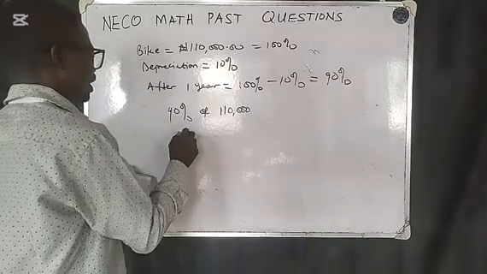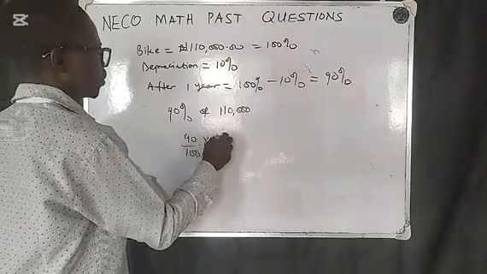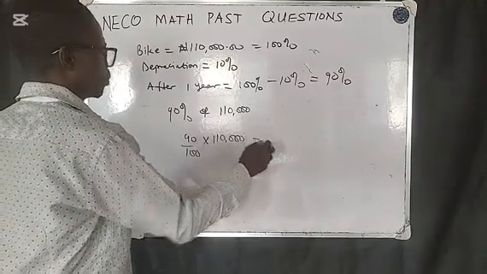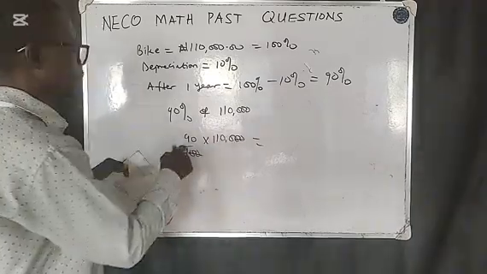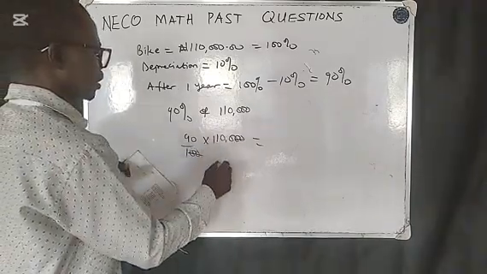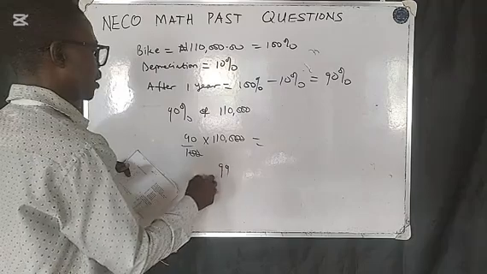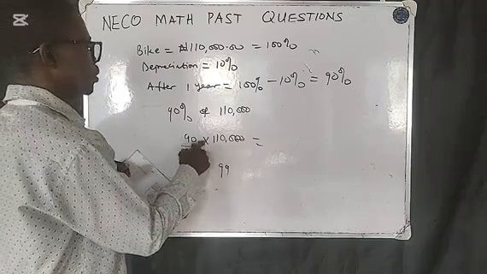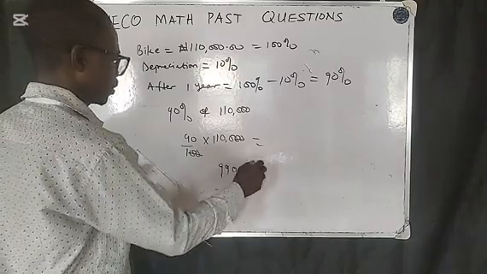So 90% is 90 over 100 times 110,000. So when we do the math now, this 20 will cancel this 20. So 9 times 1 is 9. How many zeros do we have? 1, 2, 3.